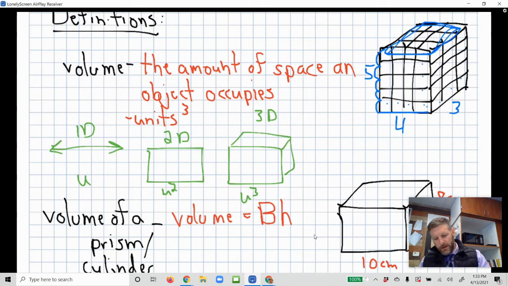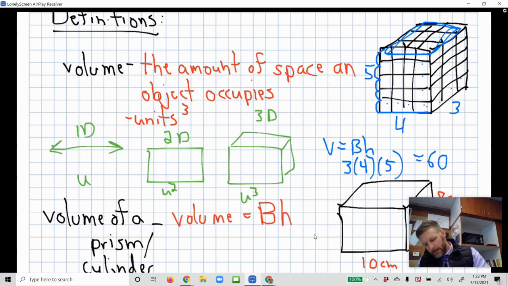In my example here, volume equals base times height, so the base would be 3 times 4, which would give me 12, and then the height would be 5. So 12 times 5, we're going to get 60 units cubed.